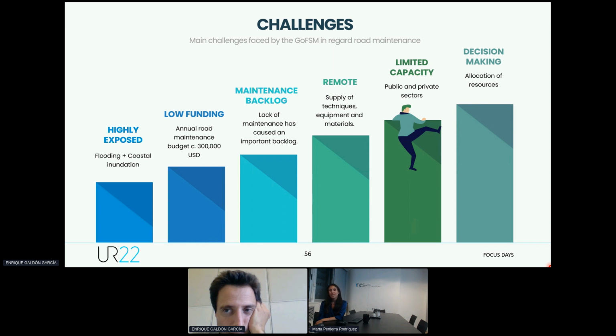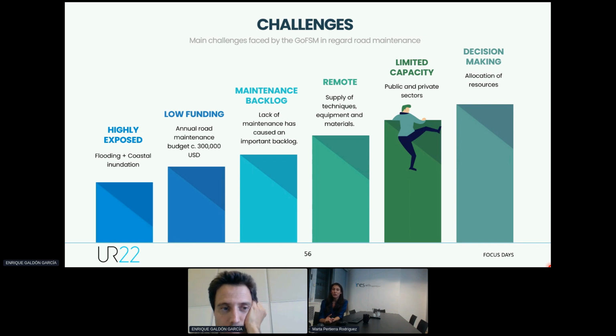The first one is that it is a country that is highly exposed to natural hazards, mainly coastal inundation, because most of the road network lies around the islands in very low areas. So there's quite a risk of being inundated by storm surges and coastal events, also flooding inundation.